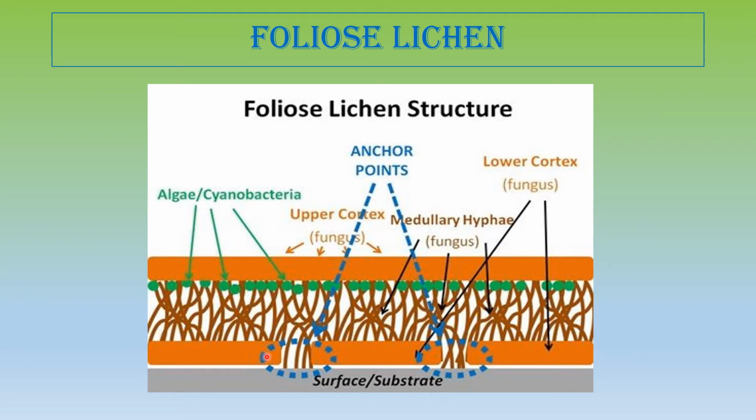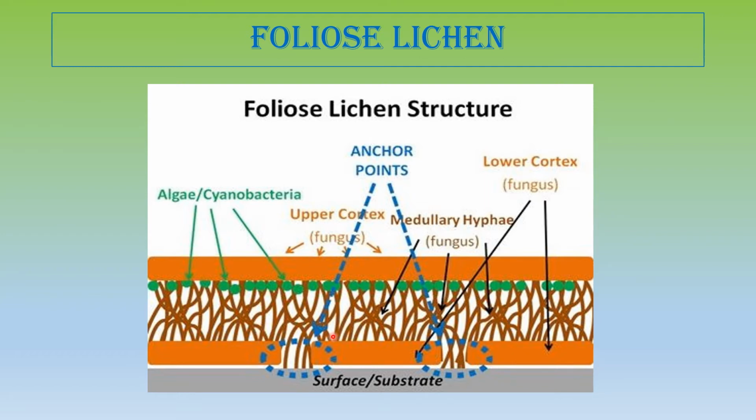This lower cortex is present only in foliose lichen. It is absent in fruticose lichen and also in crustose lichen. But this lower cortex is not uniform. It is interrupted by breathing pores. These breathing pores help in gaseous exchange.